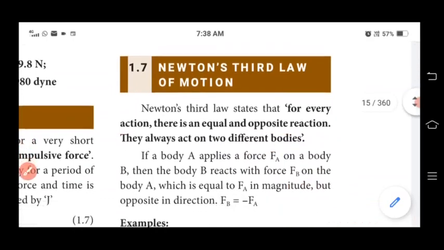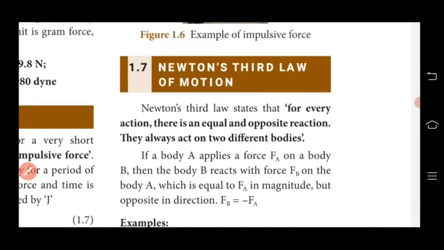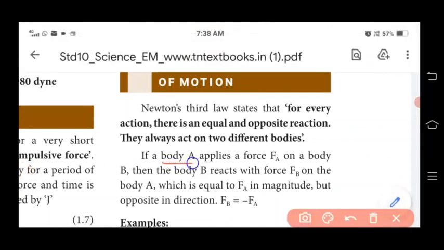Here we are going to consider two objects. Consider body A applies force Fa on body B. Then body B reacts. Here the word react is very important. Body B reacts with the force Fb on body A, which is equal to Fa in magnitude.